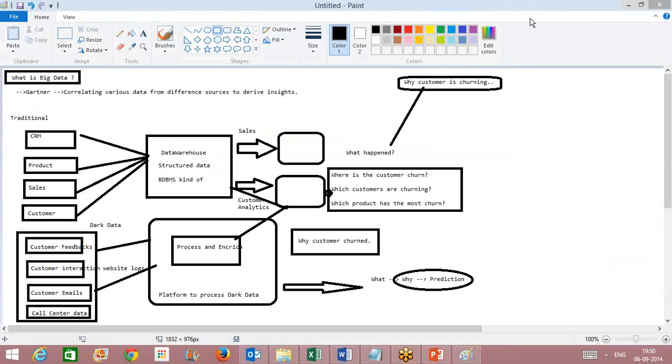It includes maybe an RDBMS. We also have maybe MPP databases. We might also have mainframes. So these are certain things which we are using today to solve your data problem, which means you are taking the data.